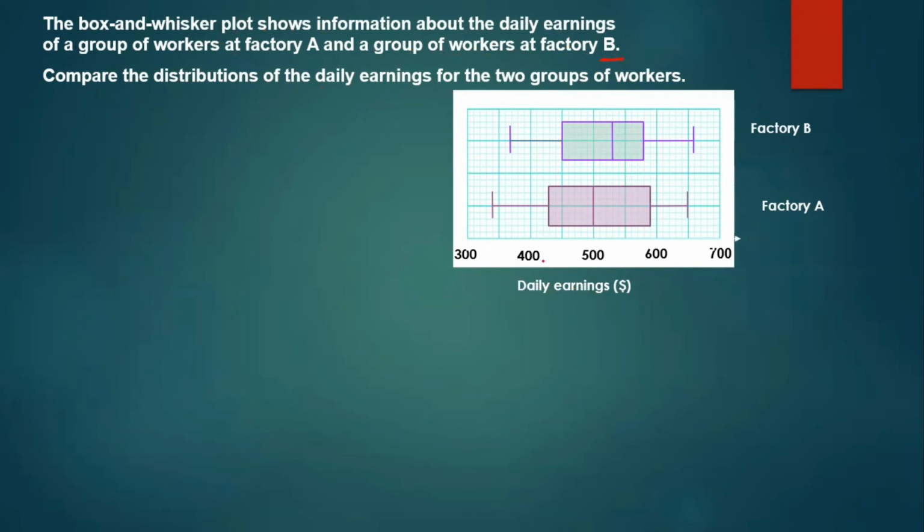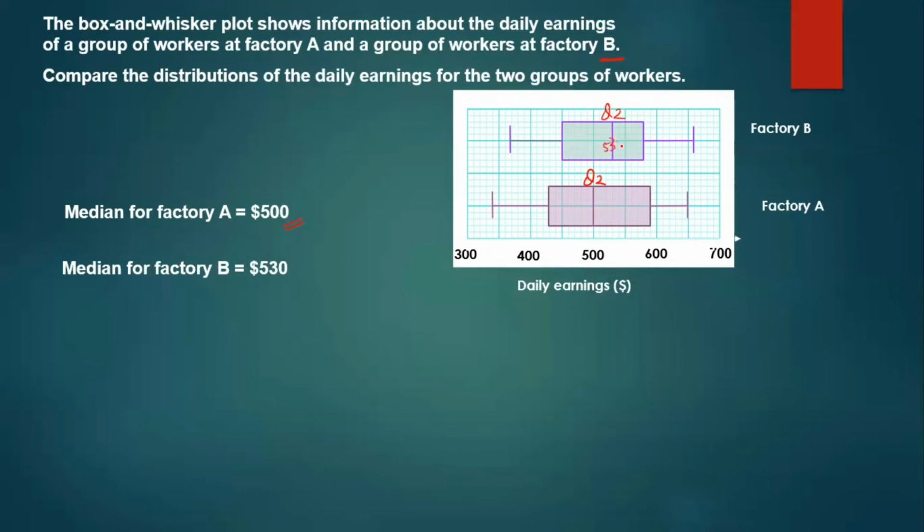Now we are asked to compare the distributions of the earnings. The median for factory A, this is your Q2, is $500. And the median for factory B is $530. So what do you understand from the medians?